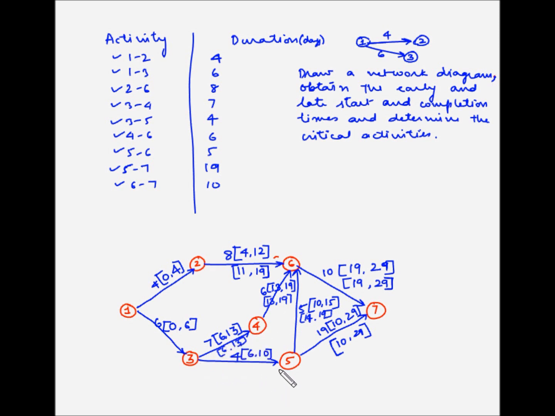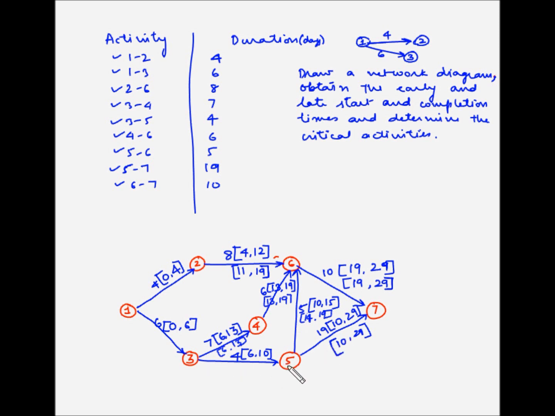Now for activity 3-5, there are two activities following this. The first one is 5-6 and the second one is 5-7. So activity 3-5 should have been completed before any of the activities, that is 5-7 or 5-6, can start. Now 5-7 has to start on the 10th day, and 5-6 has to start on the 14th day.